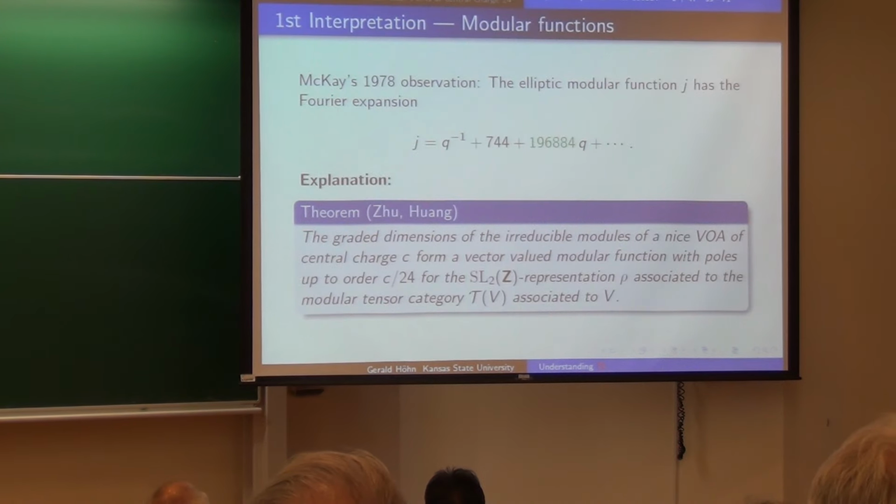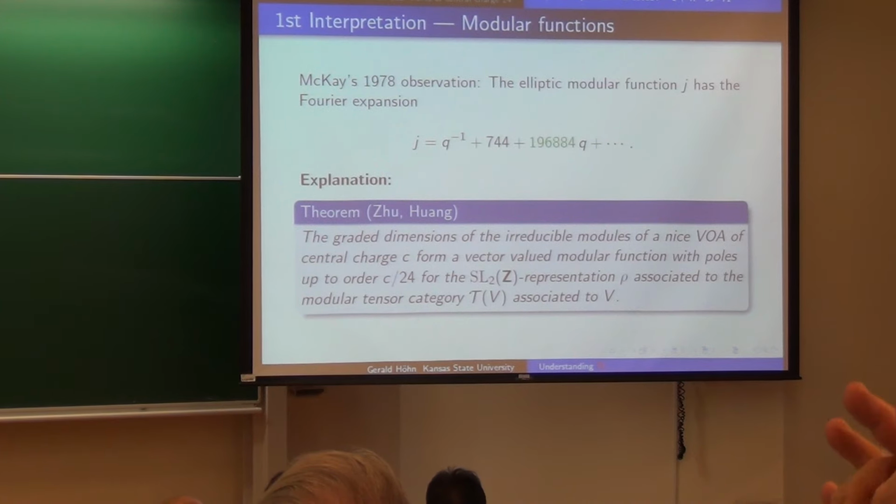Now, for the occurrence of 196884, this must be probably earlier. At least it was John McKay who realized that this number 196884 is the second coefficient of the elliptic J function.